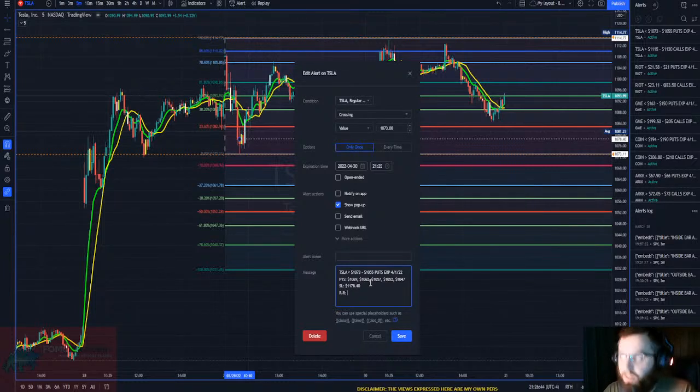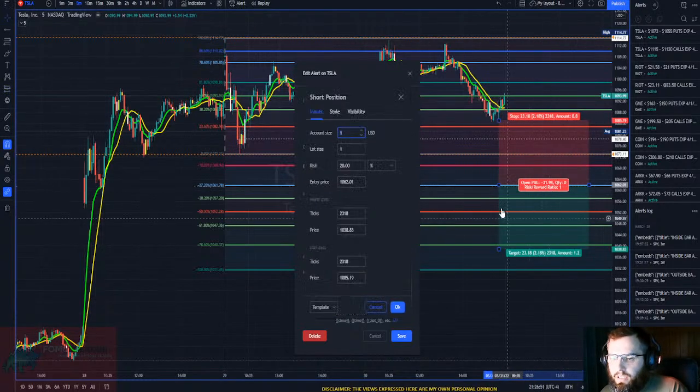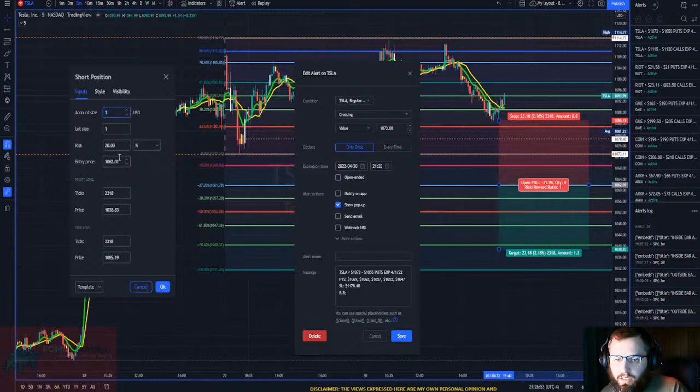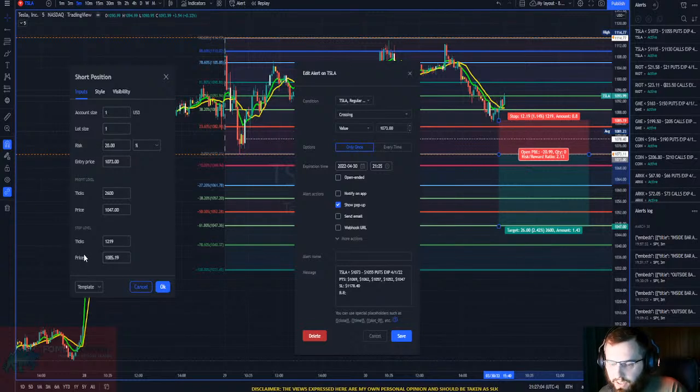And risk to reward on this trade is going to be a big one. Under 1,073 is going to be our trigger. Our final price target would be 1,047, and our stop loss would be 1,078.40.